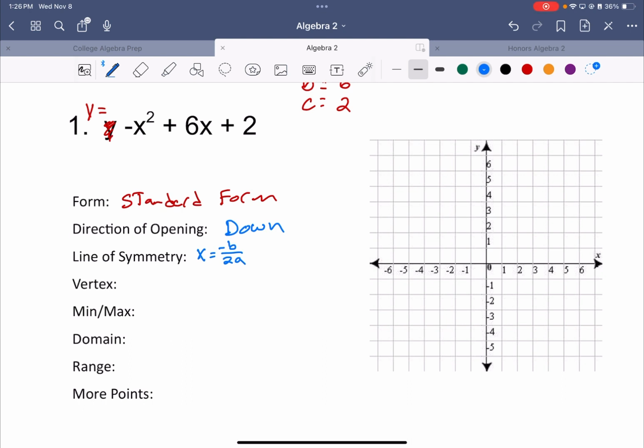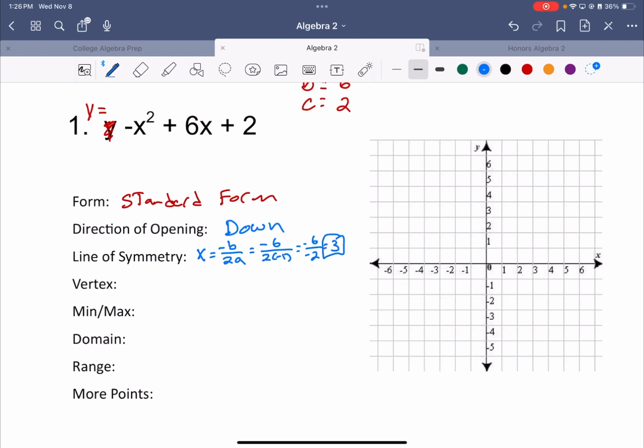So our b value is 6. So that's negative 6 over 2 times negative 1, which is negative 6 over negative 2, which is 3. So our line of symmetry is x is equal to 3. And the only way we can do this if it's in standard form is by using this formula.